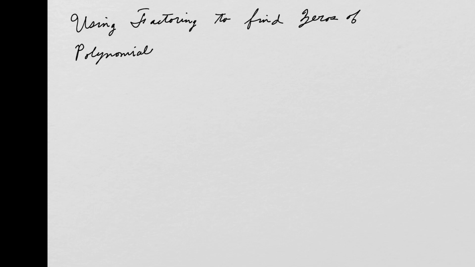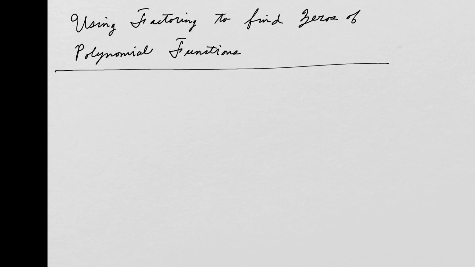Using factoring to find zeros of polynomial functions. Either I'm going to give you the polynomial function in factored form, which will make it easy to find zeros, or it's going to be something that's easily factorable.